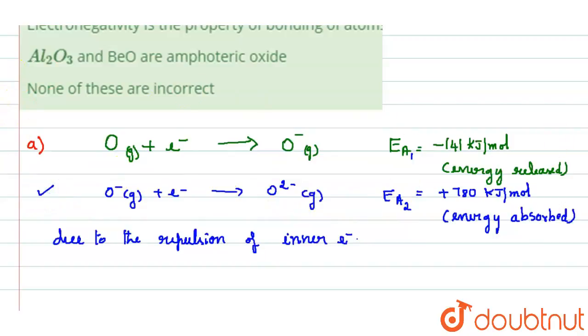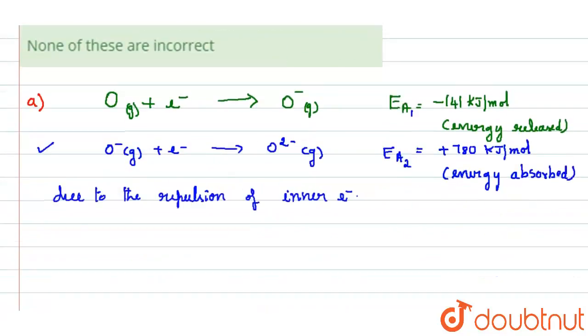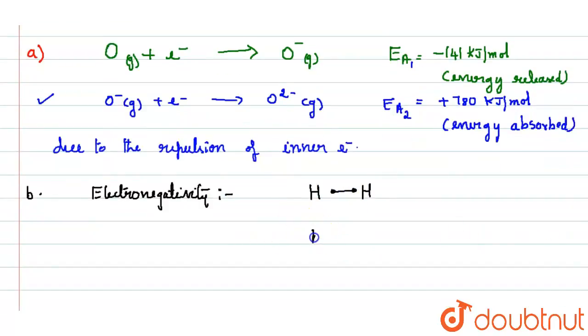Now let's see the option B statement. Electronegativity is the property of bonding atoms. Yes, it is true. Electronegativity is the tendency of an atom to attract the shared electron. In the case of hydrogen and hydrogen, the electrons are bonded between two hydrogen atoms, whereas in the case of hydrogen and chlorine, the electrons are bonded between hydrogen and chlorine.